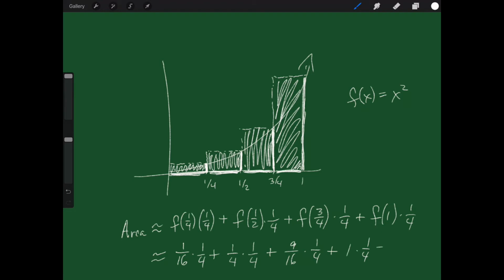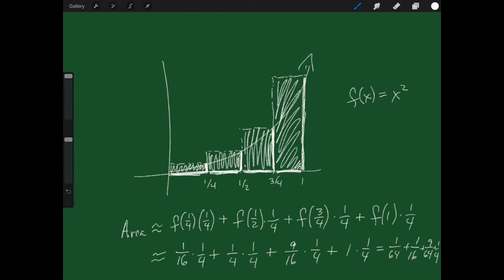So let's see. We could add it all up, and we would get 16 times 1/4 would be 64, a 64th, plus a 16th, plus 9/64, plus a fourth. Right? So what is that?